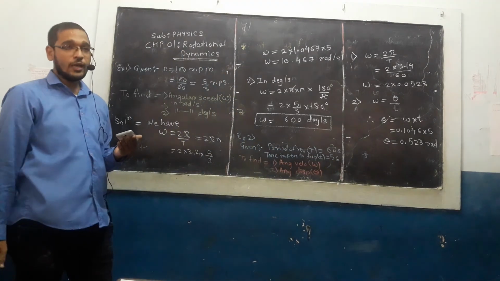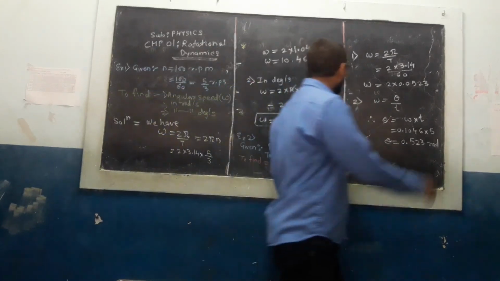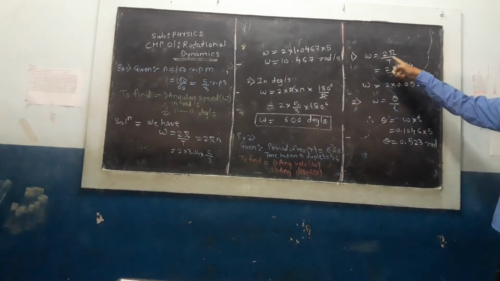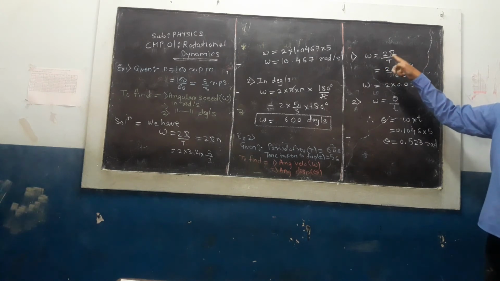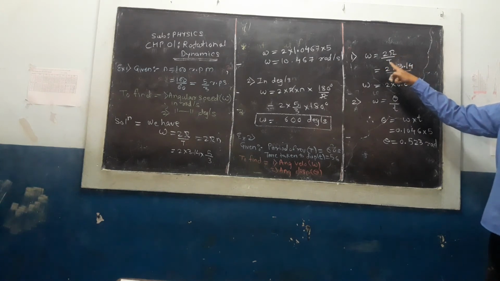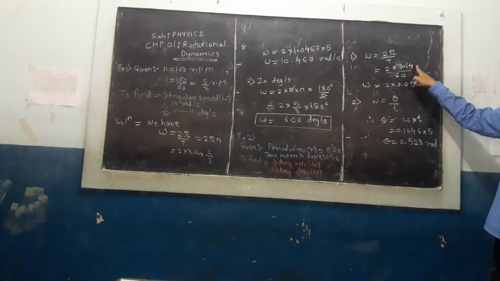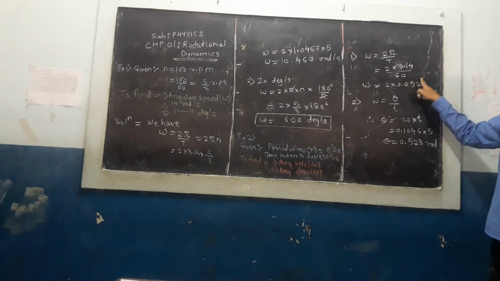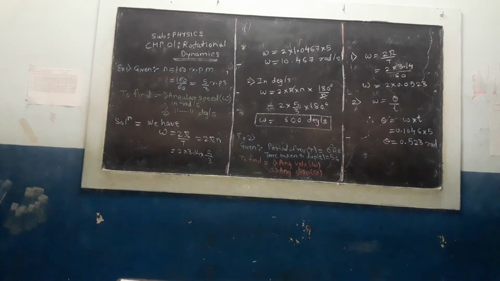Now what we have to calculate? Angular velocity and angular displacement. We have the formula for angular velocity. What is the formula? 2 pi upon t, where t is the time period of revolution. Okay. So what is the time period of revolution? 60. Just put here 2 into 3.14 upon 60. If you simplify, you get 0.0523.